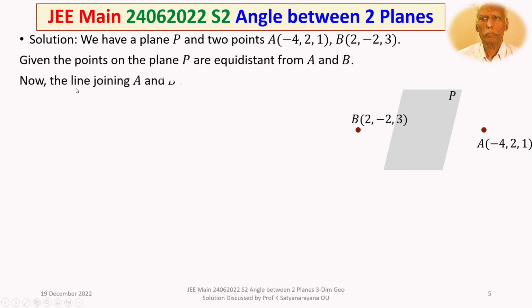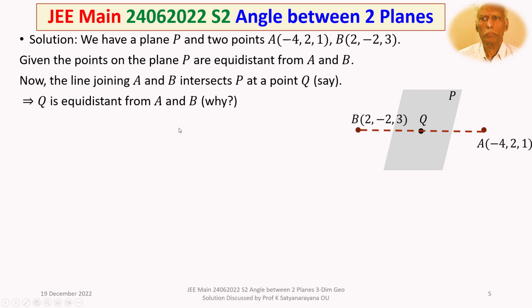Now the line joining A and B intersects the plane P at a point Q. This implies Q is equidistant from A and B. Why?